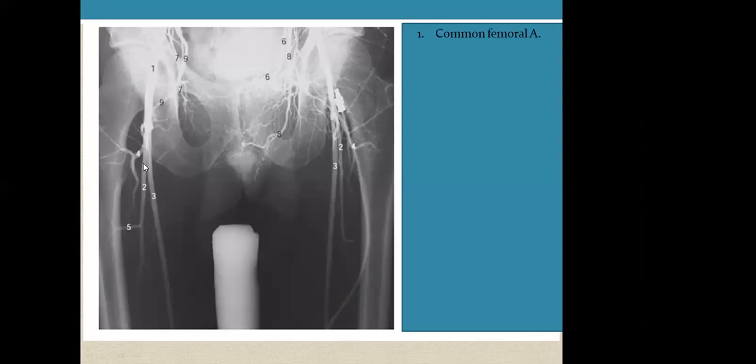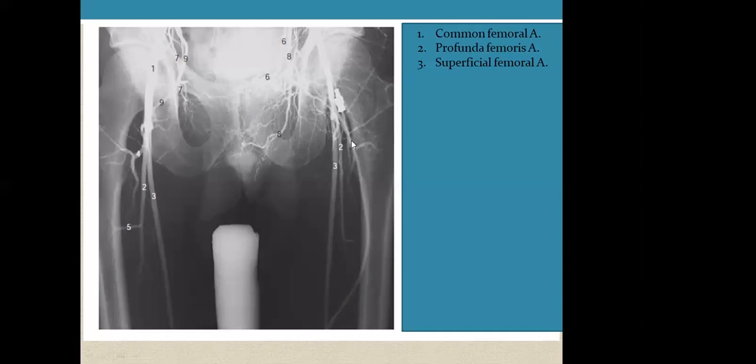Okay. This is the right superficial femoral artery. What is its characteristic? It has no branch in this side, unlike the profunda.